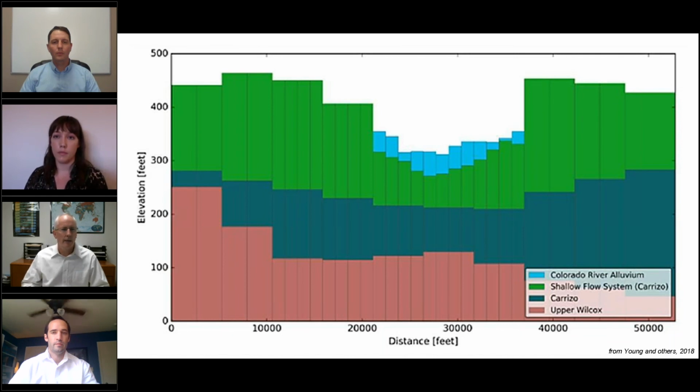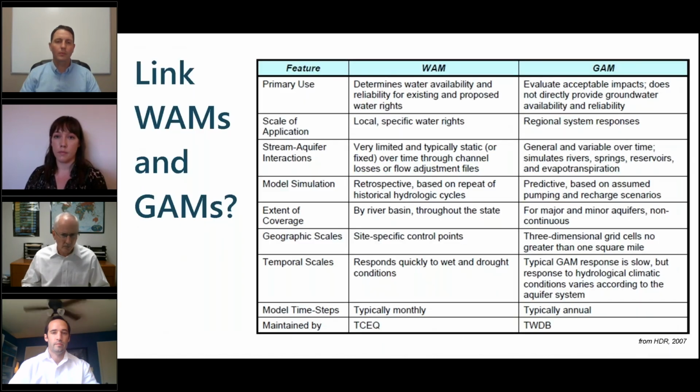If we go to the next slide, and this was shown earlier, the unstructured grid that John showed earlier allows for the lateral refinement of the grid around those surface water bodies that you're particularly interested in.